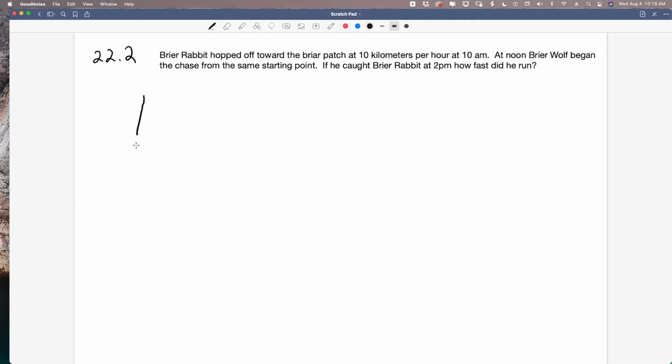All right, so here's our line. This is 10 a.m. This is the starting time and the starting point. At noon, so this is Brer Rabbit. This is the rabbit. At noon, so it's right in here, that's 12 p.m. The wolf started and caught him, so they were at the same point, right?